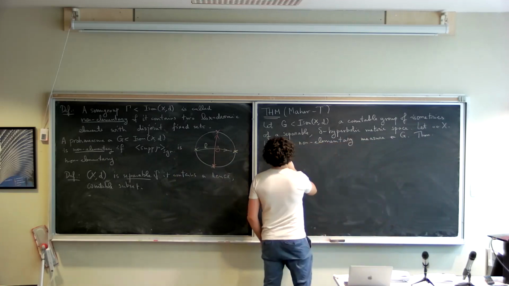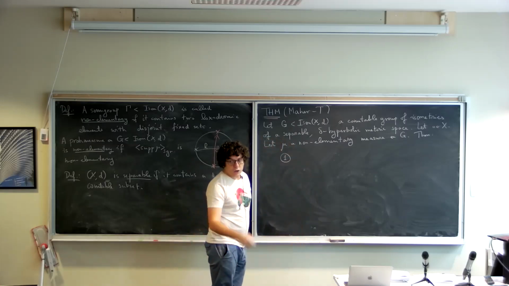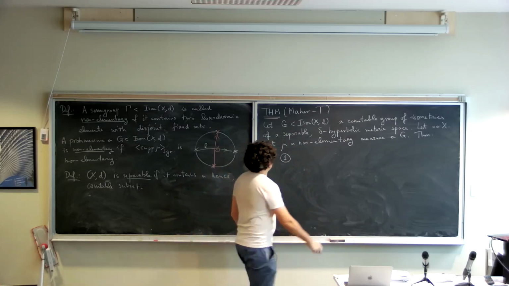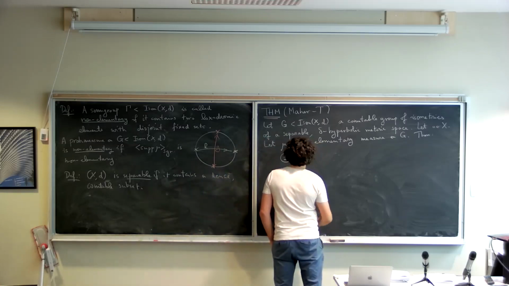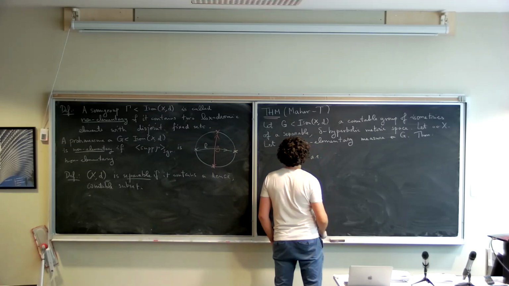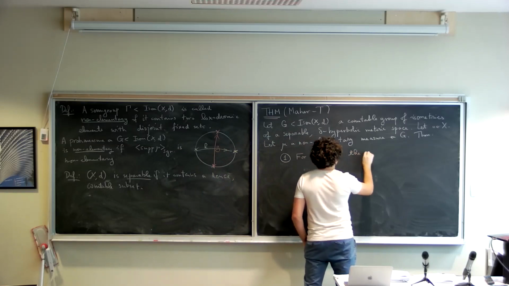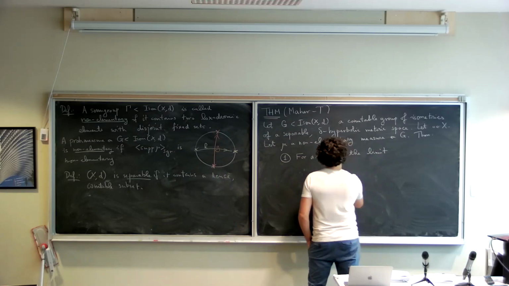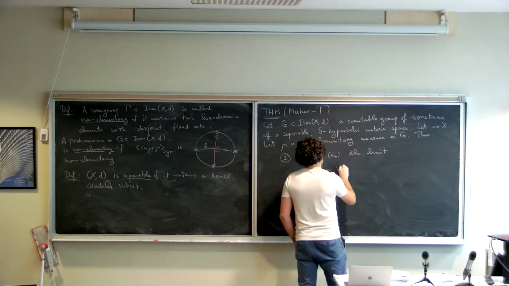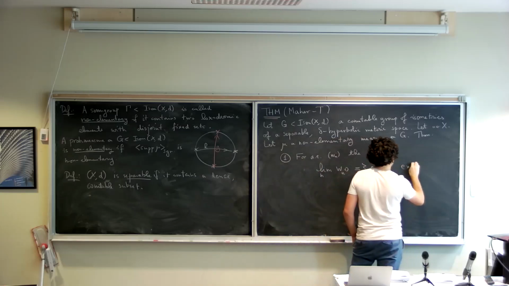Then, first of all, there is the convergence property. So what is the convergence property? For almost every random walk sample path Wn, the limit of the walk exists.